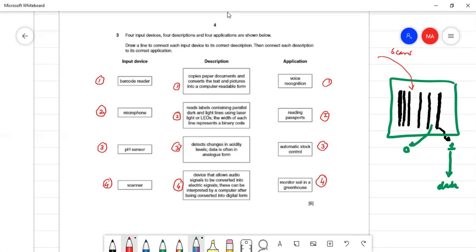Now, very important: the first bar is connected with the second description. Now, which type of application is it connected with?